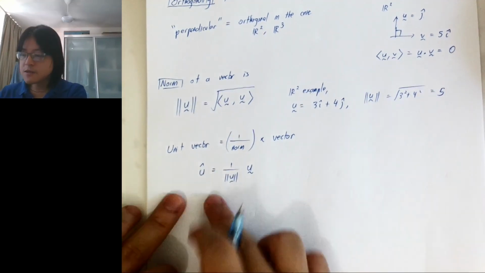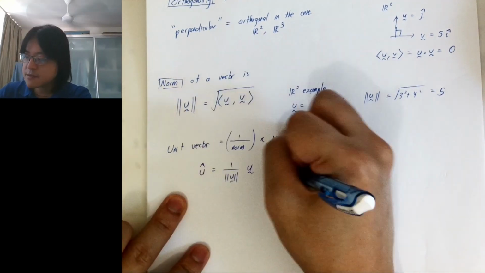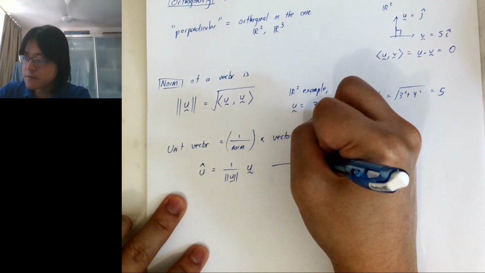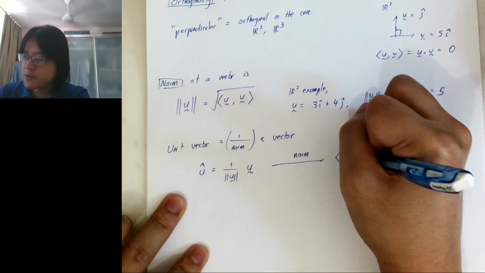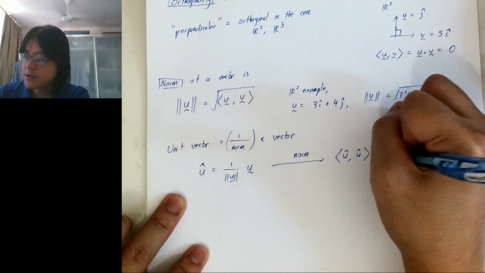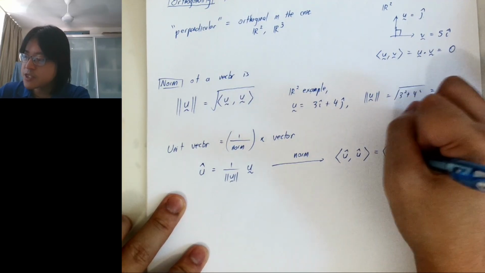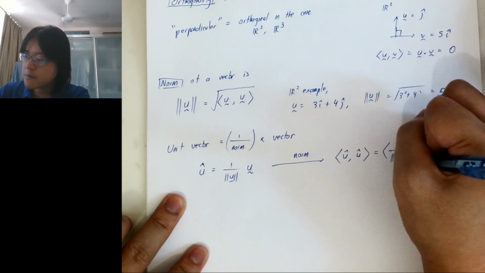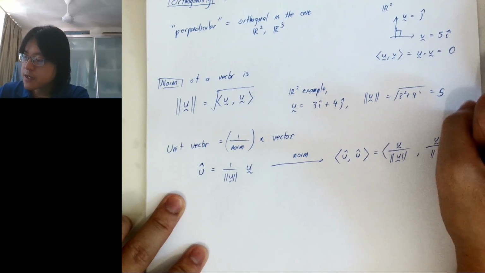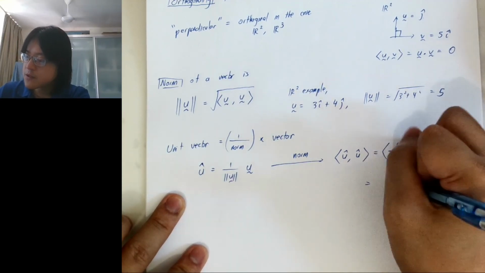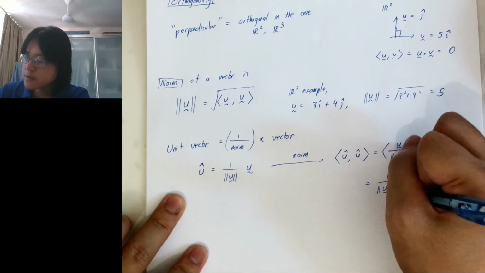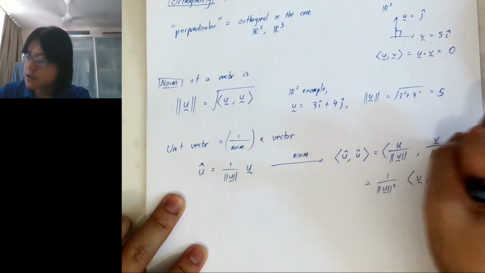Okay, so given this, let's calculate the norm of the unit vector. If I take u inner product with u, each being the original vector u divided by the norm, it's 1 over norm squared, and then u dot u.